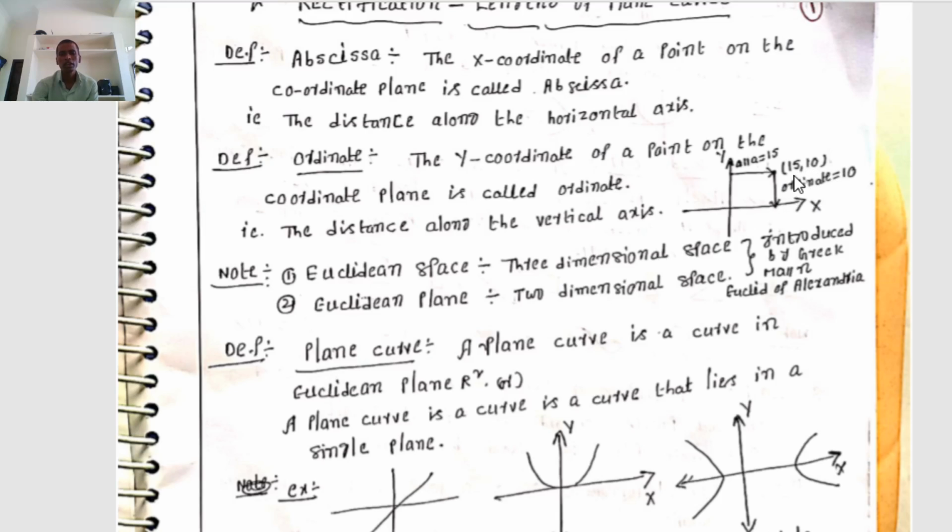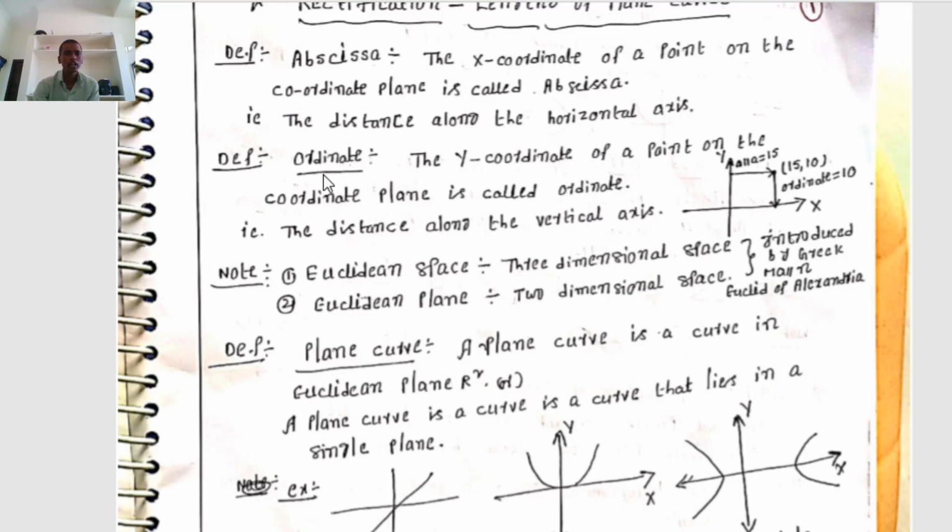Abscissa is the x coordinate of a point on the coordinate plane, the distance along the horizontal axis.